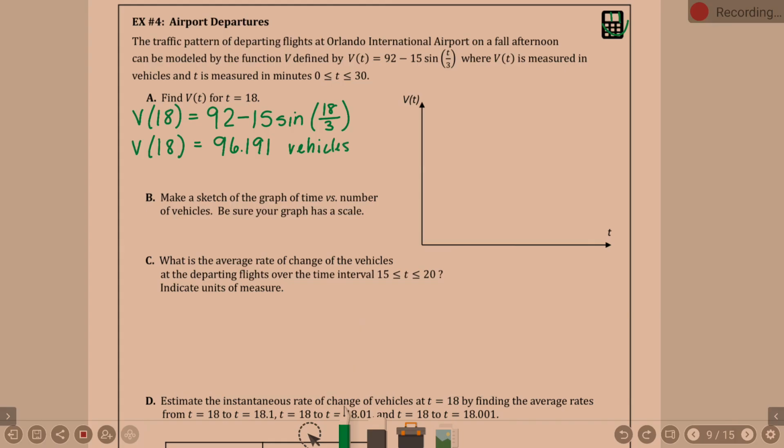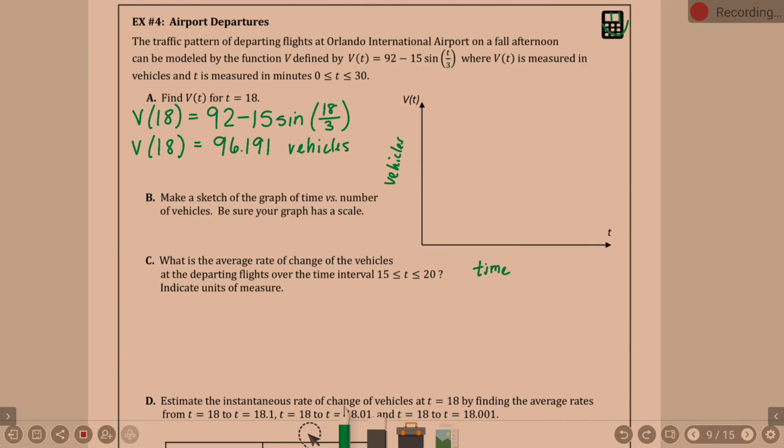Part B is make a sketch of the graph of time versus number of vehicles. Be sure your graph has a scale. It does say time versus number of vehicles, so time is always on the bottom axis. It's already labeled t. You could divide that by 18 to figure out per minute, but that's not what we're asking.